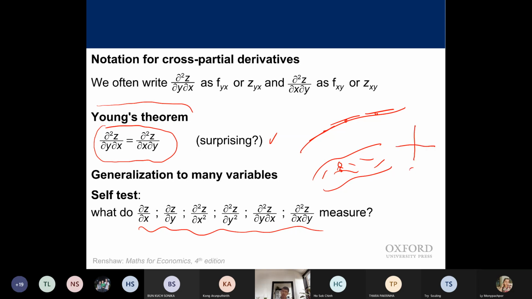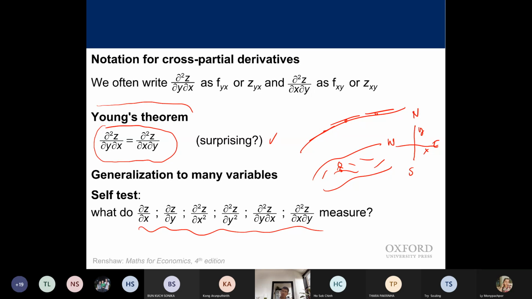Let's say the south-north direction, maybe you can call it the y direction, or the west-east direction, the x direction, right? Because when it comes to a surface, there are two major directions.